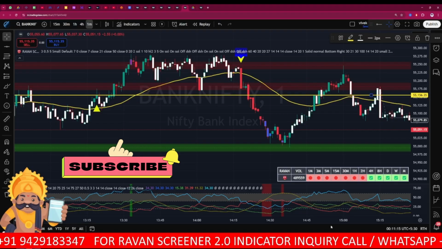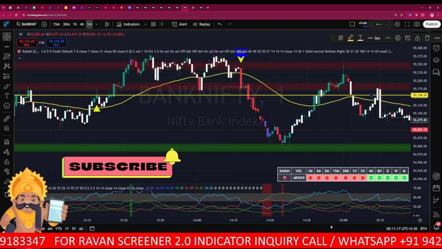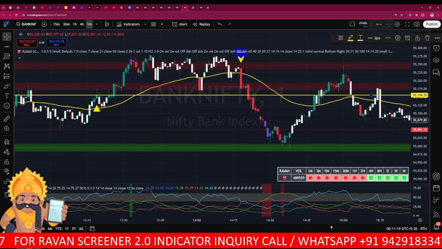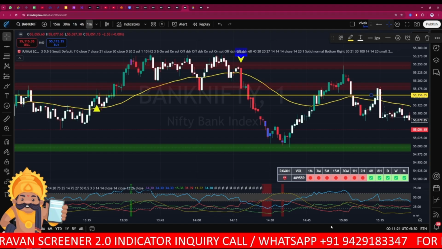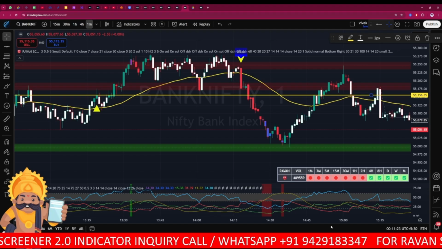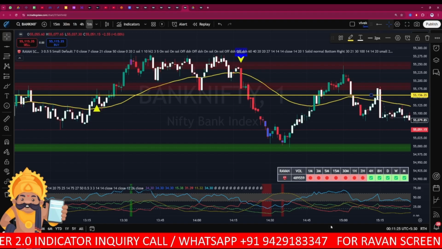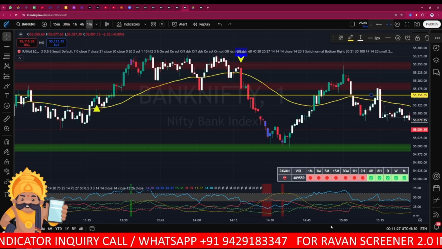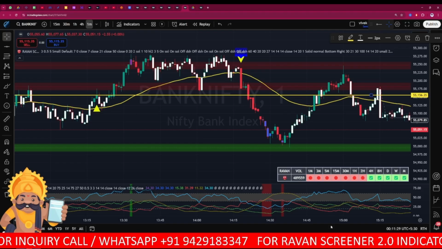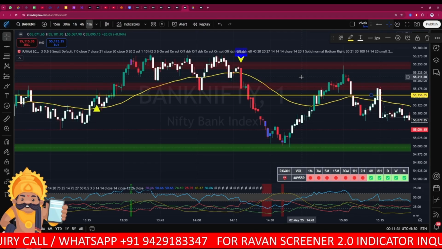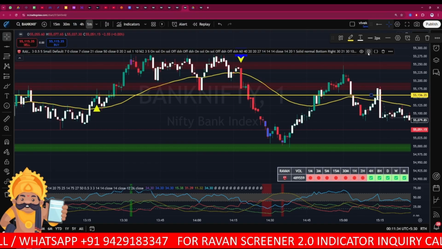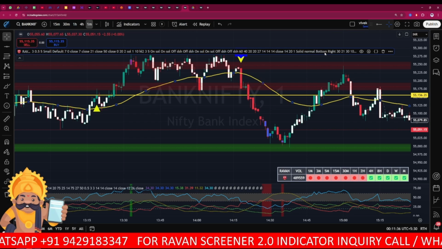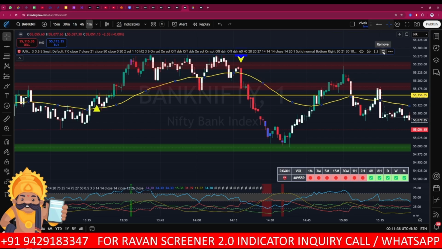First of all, we need to go to your chart section in TradingView and remove whatever indicator you applied on the chart. Let's say, for example, you applied SuperTrend, ADX, RSI, or stochastic RSI, whatever you applied, just remove that indicator. Click on the indicator and click the delete option.